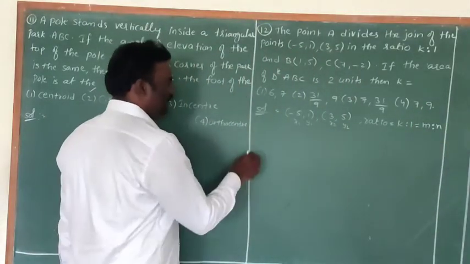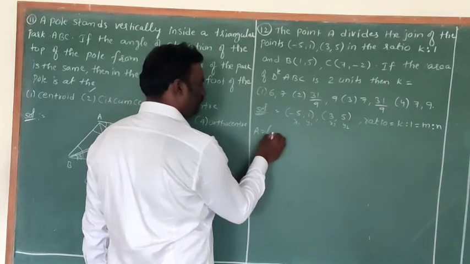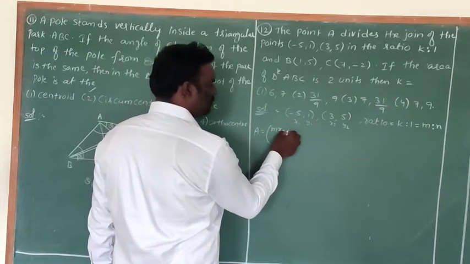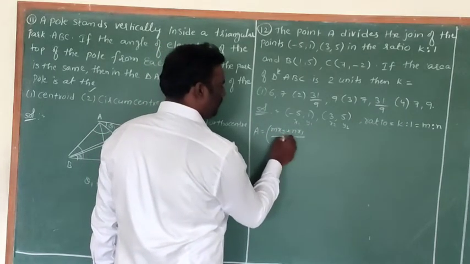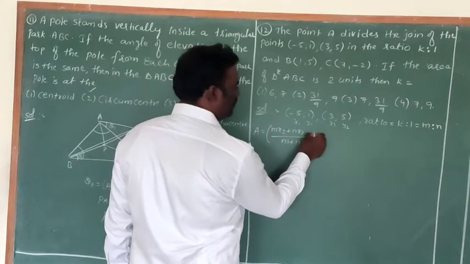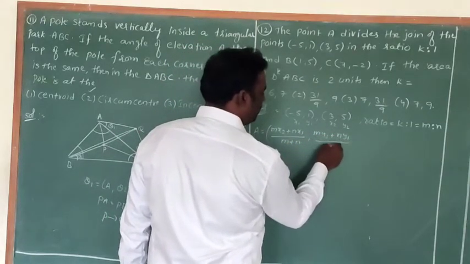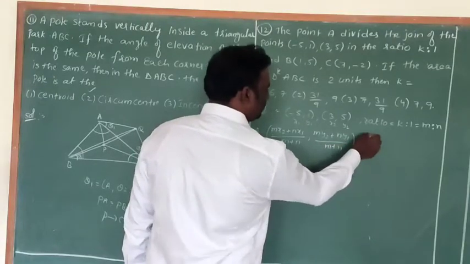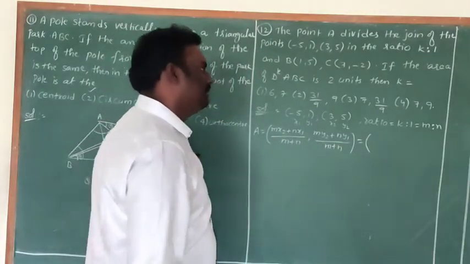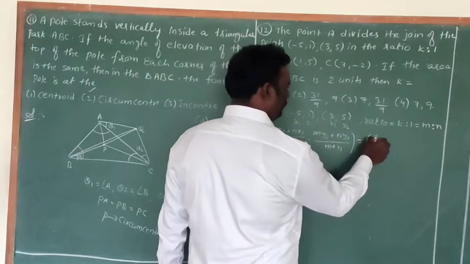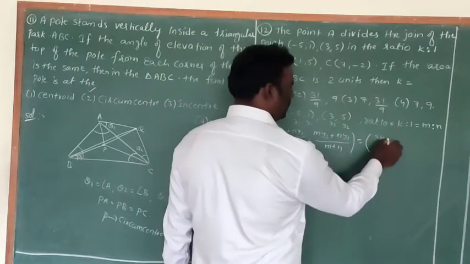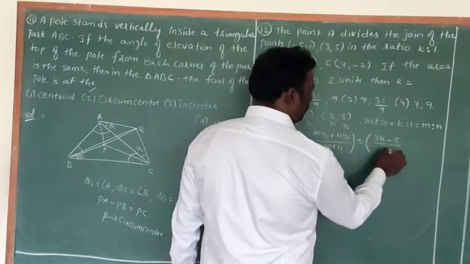Now first I am finding A point. Formula: mx2 plus nx1 by m plus n, my2 plus ny1 by m plus n. That is nothing but 3k minus 5 by k plus 1.